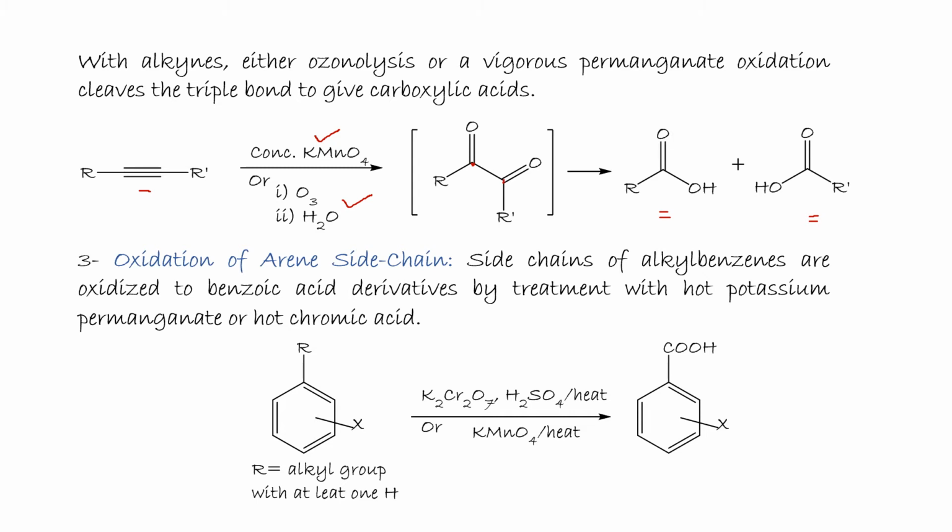So the alkyl will be long chain or branched with at least one benzylic hydrogen. Treat with potassium dichromate and sulfuric acid or potassium permanganate to provide the carboxylic acid, benzene carboxylic acid, benzoic acid derivatives.